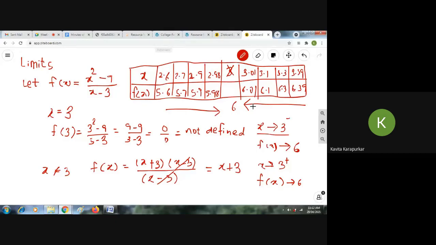So when x is coming close to any particular point A, and we observe that f of x comes to a particular point, say for example L, then we call this L as the limit of the function f of x.